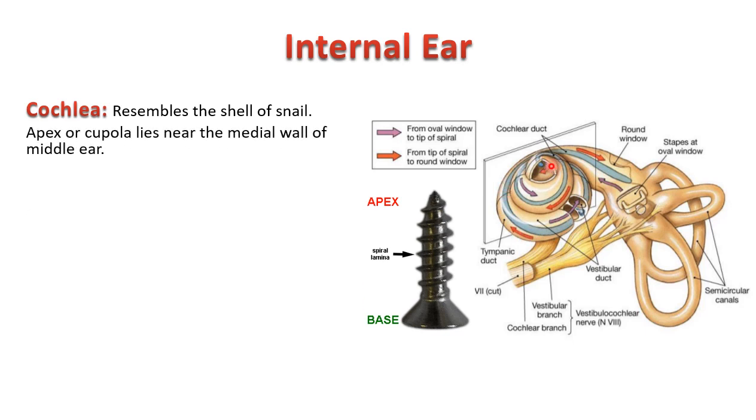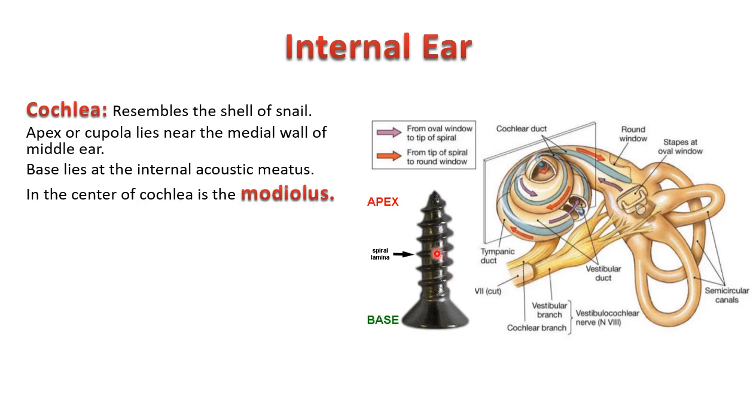The apex is called the cupula. The base is near the internal acoustic meatus, and through the base the vestibulocochlear nerve emerges and enters the internal acoustic meatus. That is the cochlear nerve, and this is your vestibular nerve, which is coming from the vestibule.